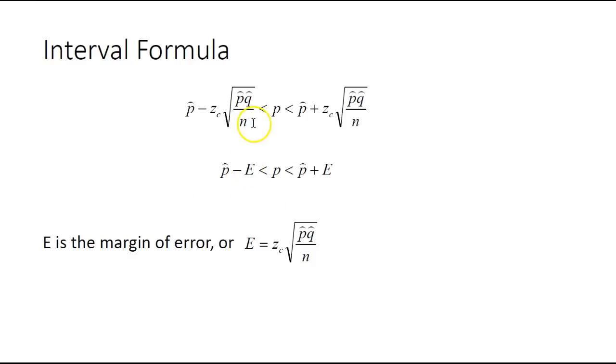And once again, this part here is called the margin of error, so there's a simpler version of the formula. But be very careful here. Before, where you had x bar for a sample mean and mu for the population mean, you've got two p's, so be careful that you can keep them separate.